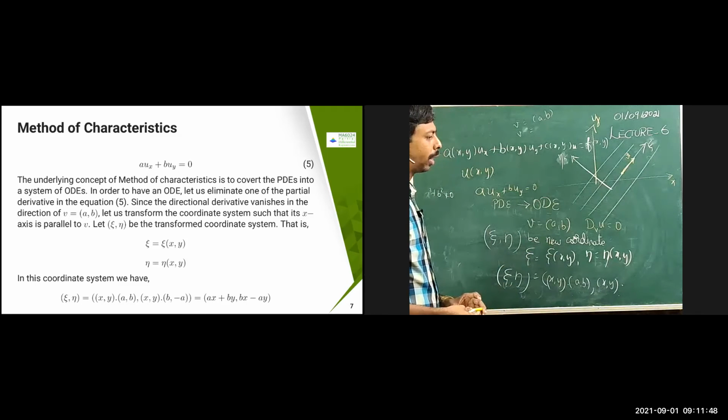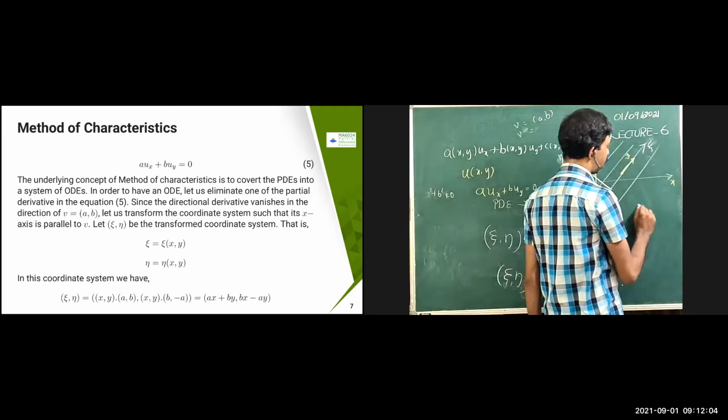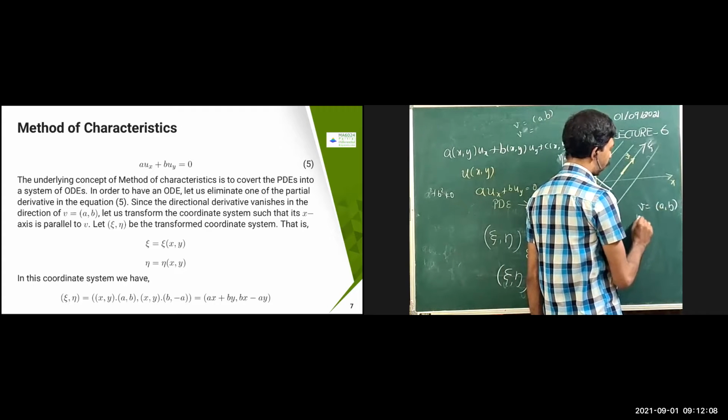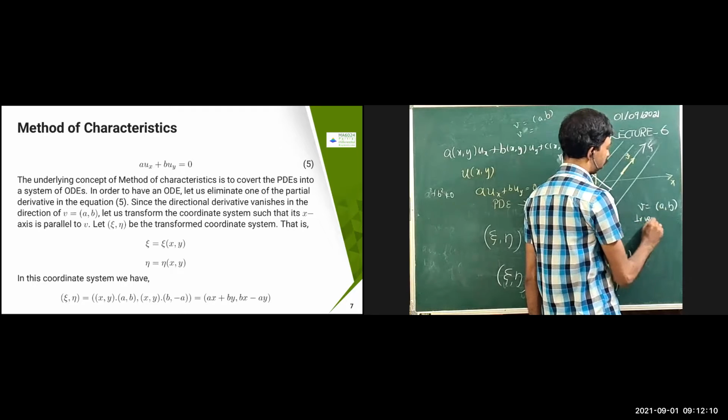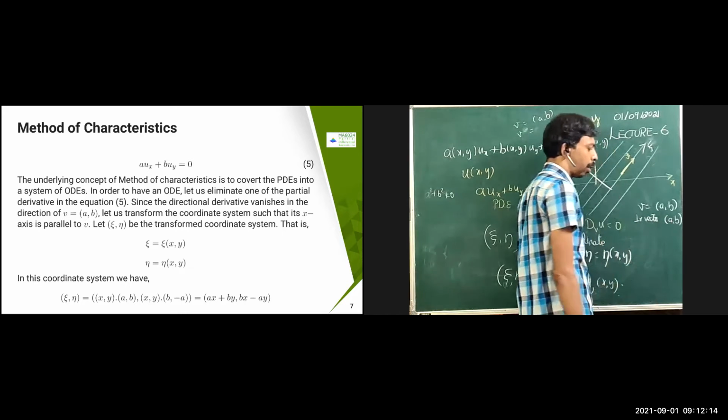You might have studied in school, right? V equal to a comma b, what is the perpendicular vector? Anyone? Suppose v equal to a comma b is given. What is the perpendicular vector for a comma b? Just tell me one vector.